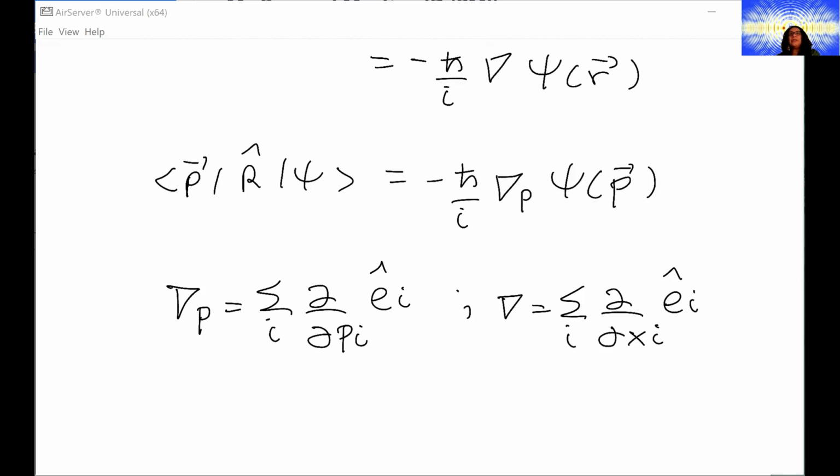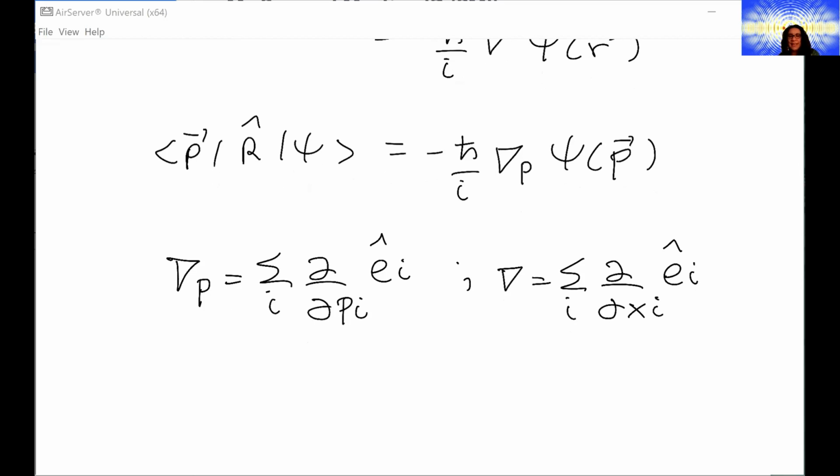So that is pretty much it with regard to continuous bases and the two important examples that we have just covered. And our next lecture is going to be about measurement, which is the third postulate.